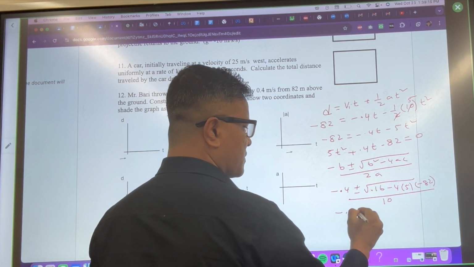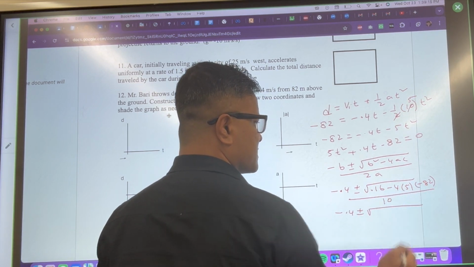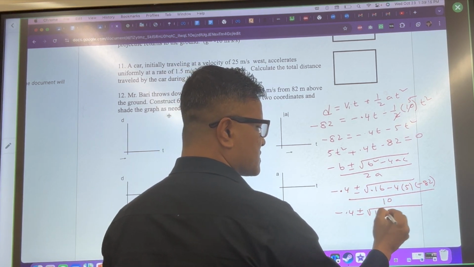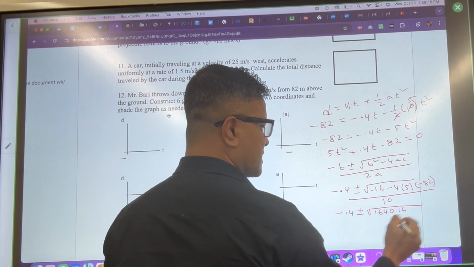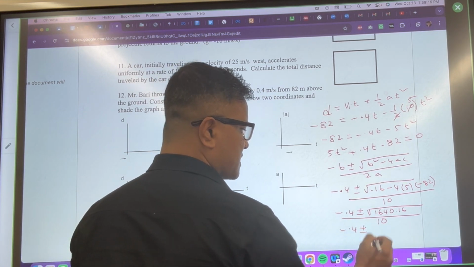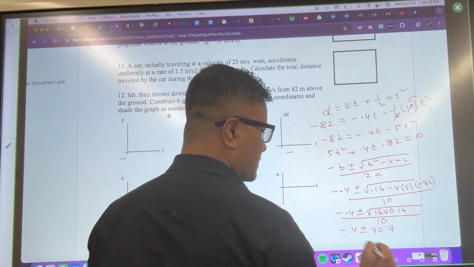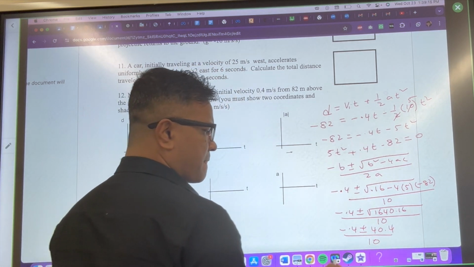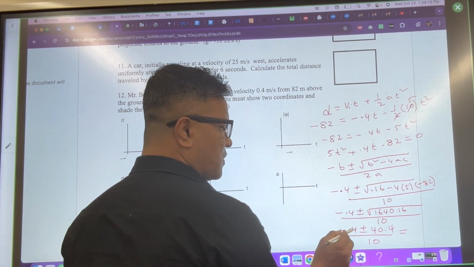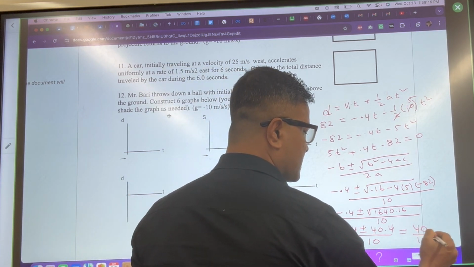That is minus minus plus 4 times 20 times 82, 1640, plus 0.16, so 1640.16, divided by 10. The square root of 1640.16 is 40.4. We only take the positive, so negative 0.4 plus 40.4 is 40, and 40 divided by 10 is 4.